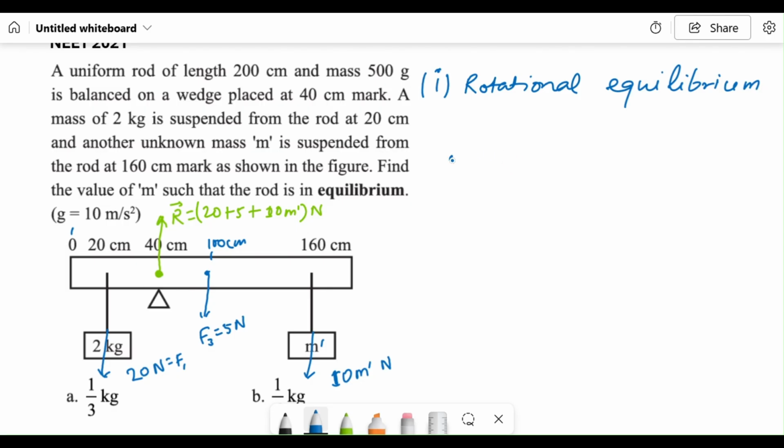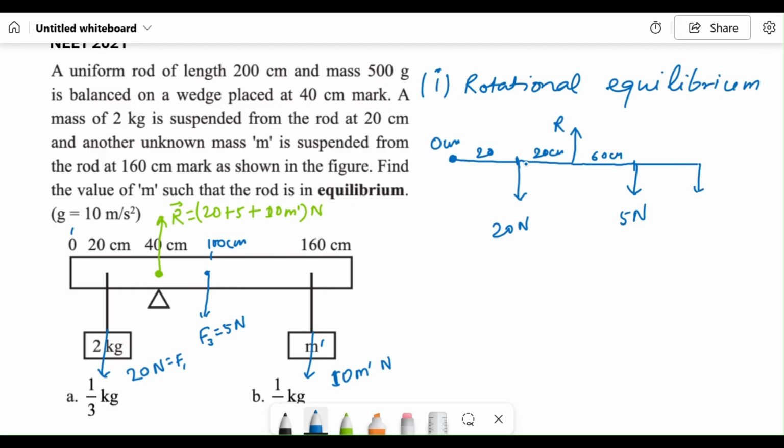So, this is 0 centimeter mark, and from here at 20 centimeter, there is a force acting downward which is 20 Newton. Further at 20 centimeter, another force is here R, and further at 60 centimeter, there is a force of 5 Newton acting here.